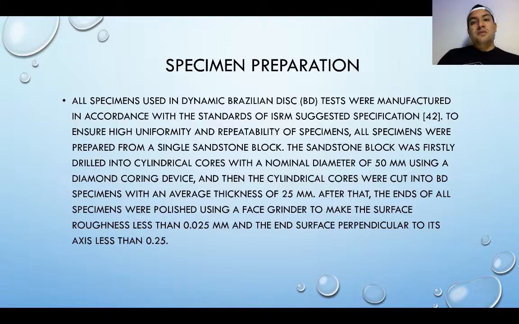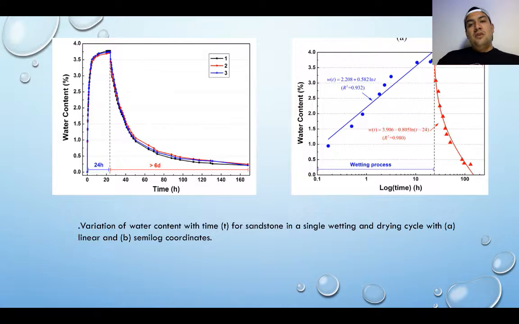The sandstone block was first drilled into cylindrical cores with a nominal diameter of 50 mm using a diamond coring device, and then the cylindrical cores were cut into BD specimens with an average thickness of 25 mm. After that, the ends of the specimen were polished using a face grinder to make the surface roughness less than 0.025 mm and the end surface perpendicularity to its axis less than 0.25.